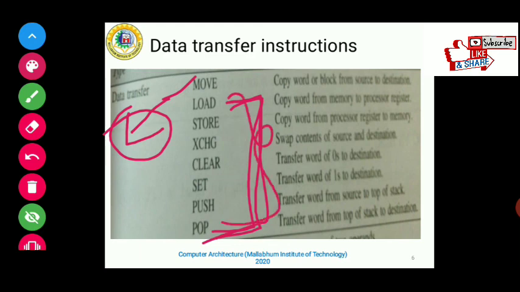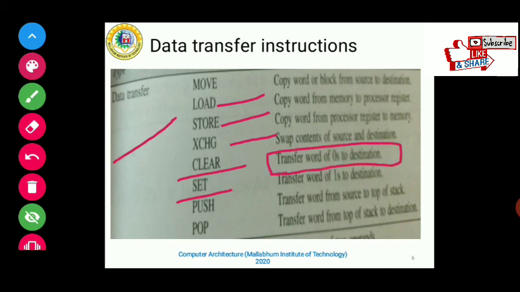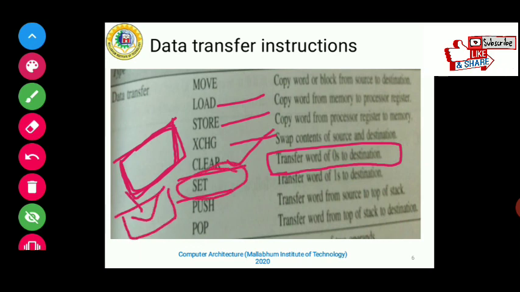Okay, and load, store, exchange, and clear and set. Clear and set actually transfer a word of zeros to the destination, so we have to reset the data. Whenever we want to reset the data of a particular location, we use the instruction clear, and whenever we want to set the particular destination data, then we use the instruction set. And push and pop we already discussed.